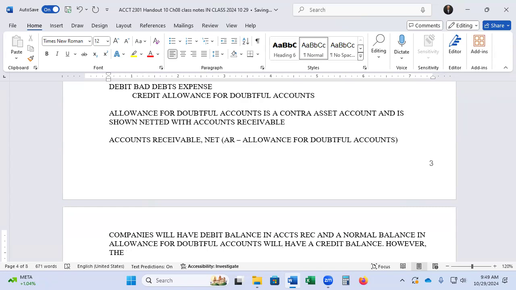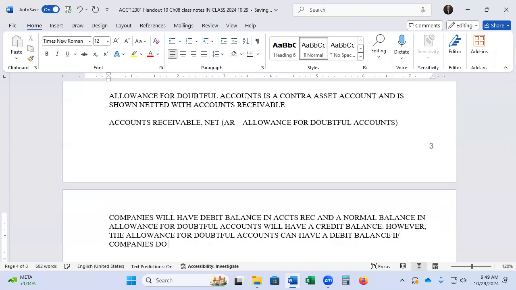However, the allowance for doubtful accounts can have a debit balance if companies do not estimate bad debts well.